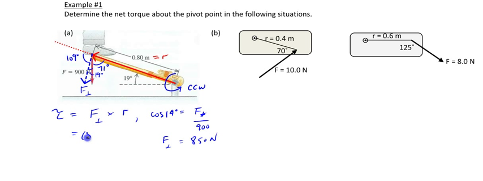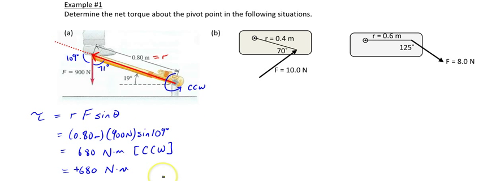So 850 newtons of force is actually making this pipe twist around here, multiplied by our position vector of 0.8 meters, and this will also give you the same torque that you had earlier, 680 newton meters in the counterclockwise direction.